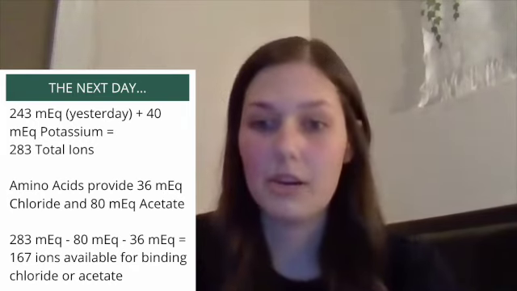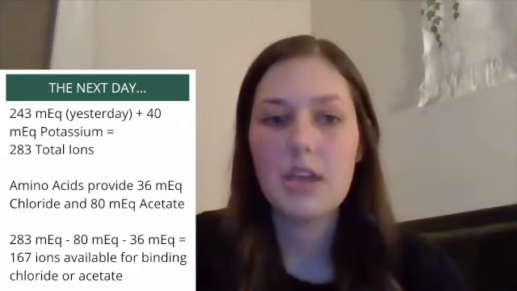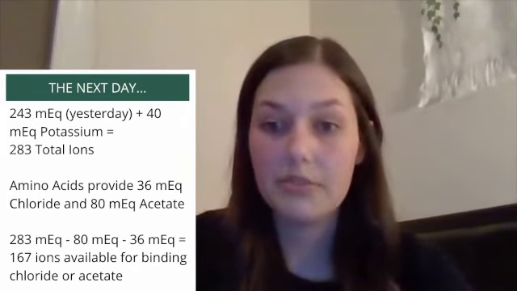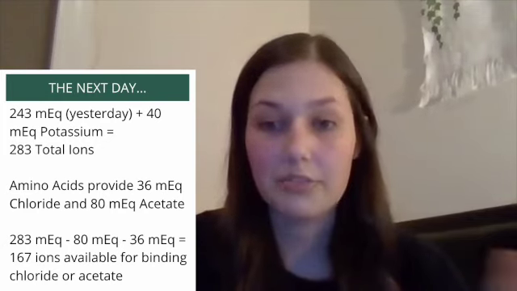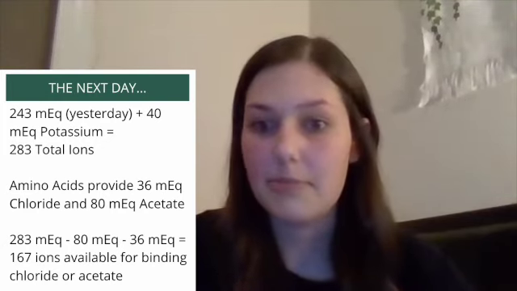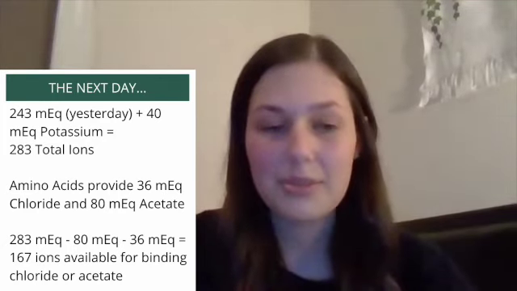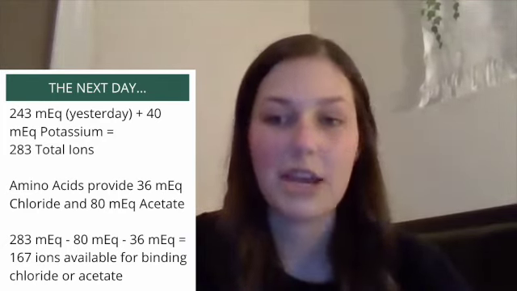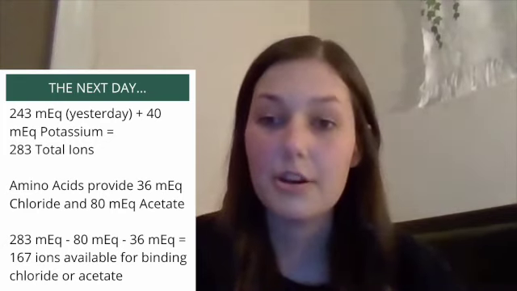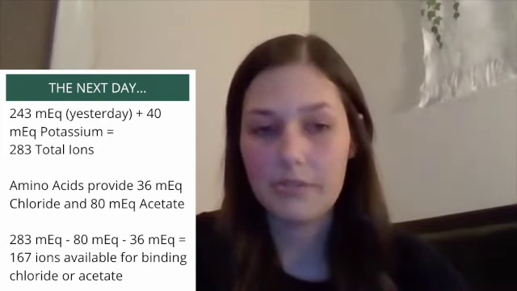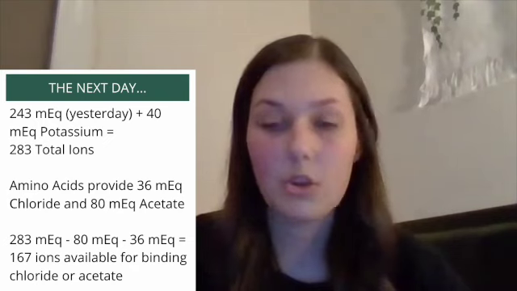So again, from our amino acids, because we're not changing those, we have 36 milliequivalents obligatory of chloride, as well as 80 milliequivalents of acetate. So we do our 283, we subtract 36, we subtract 80, and we end up with 167 milliequivalents that we will have to provide as either chloride or acetate salts.